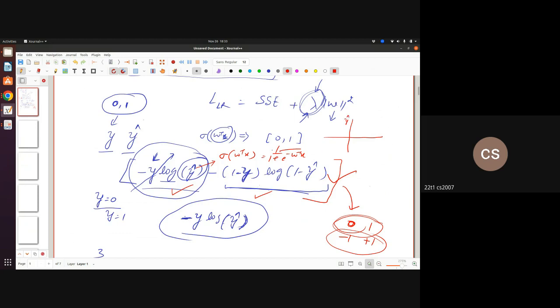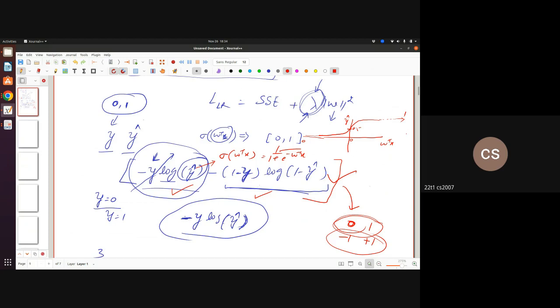So if you see the sigmoid, something like this, this is 0.5. When w transpose x is equal to 0, this will be 0.5. And when w transpose x is huge, this doesn't touch 0, and this doesn't touch 1.